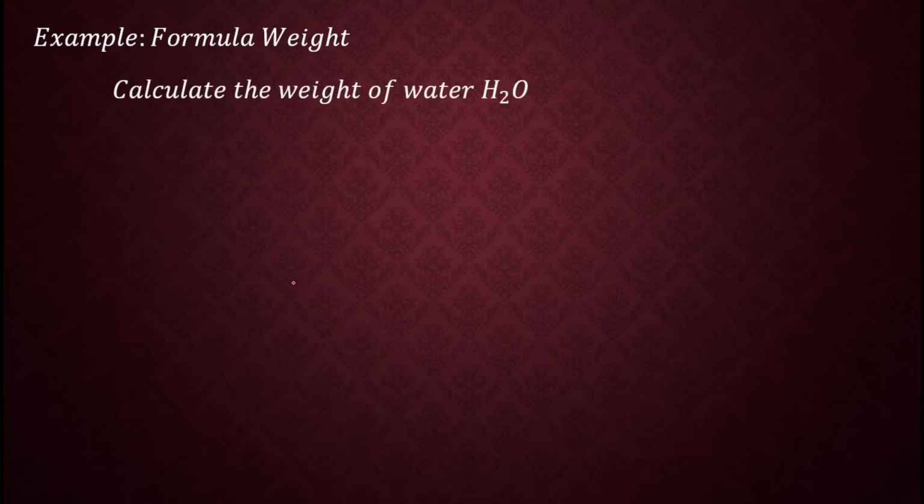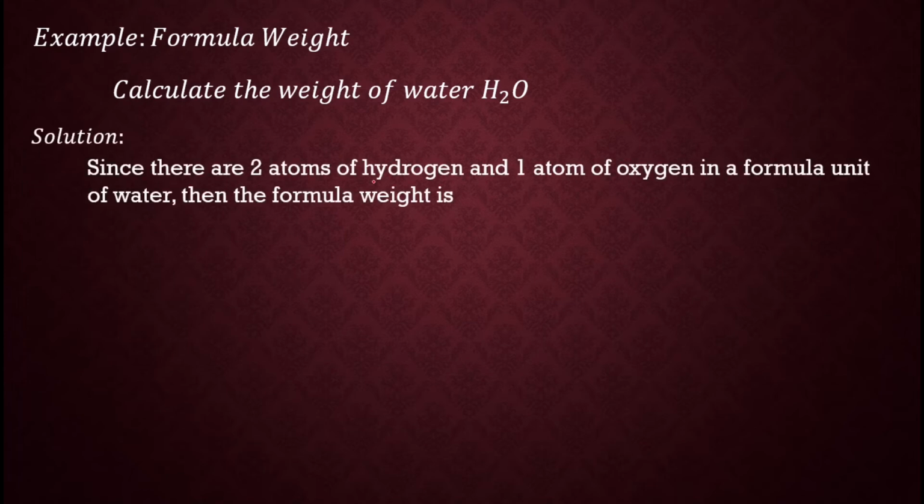We have the example about the formula weight. Calculate the weight of water, which is H2O. Solution: since there are two atoms of hydrogen and one atom of oxygen in a formula unit of water, the formula weight is: H is 2 times 1, that is equal to 2.